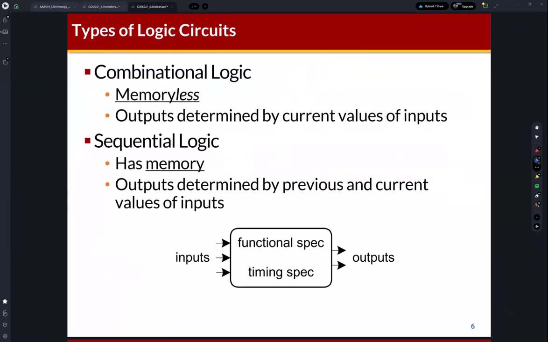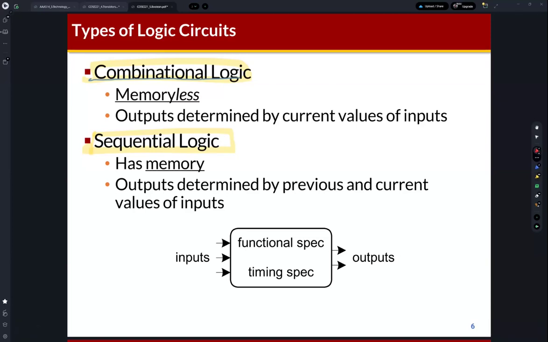Okay. Now let's learn about the types of logic circuits. There are two types of logic circuits. This is very important: combinational logic and sequential logic.